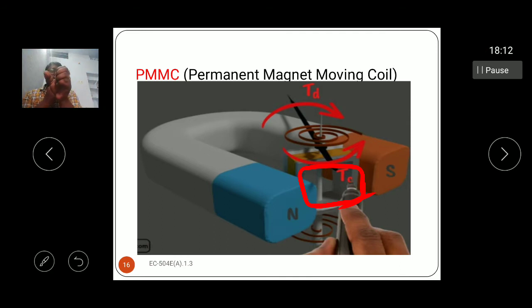That means the base as well as the coil is moving. But in between, we have an arrangement like a cylinder. This cylinder-type structure is constant. It is used to provide the radial magnetic field in this magnet.